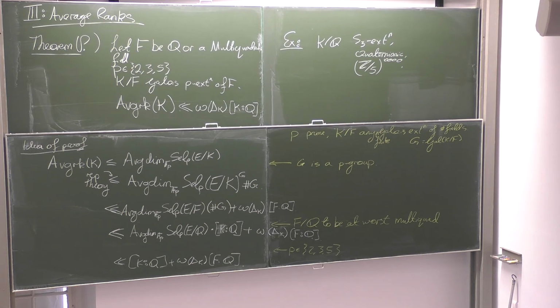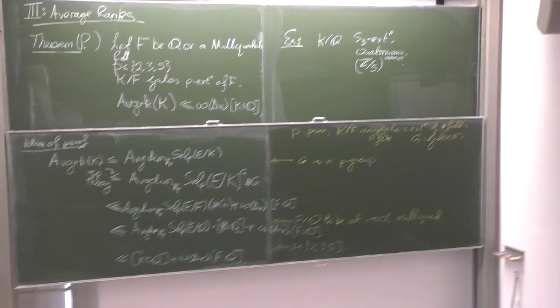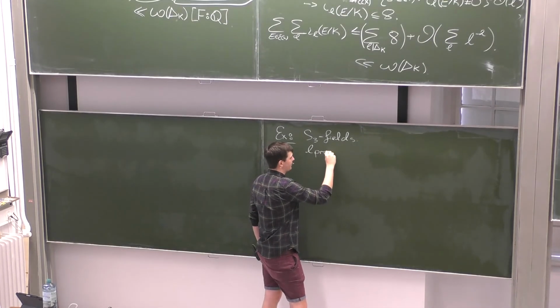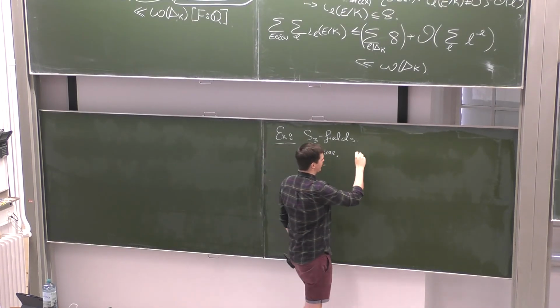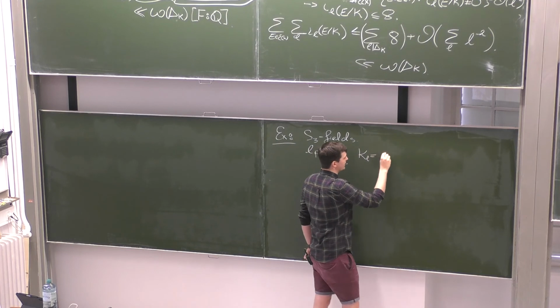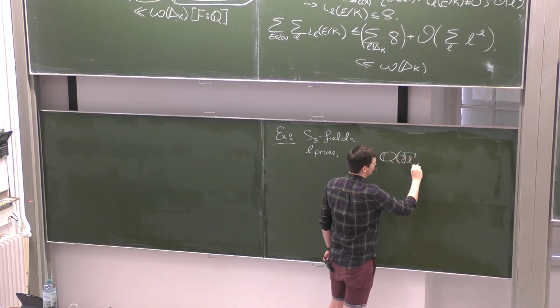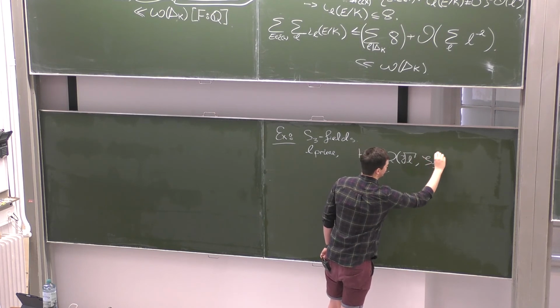let's look at some S3 number fields. So let's take a specific family of them. So for each prime number L, let's take K_L to be, you take the rational numbers, cube root of L, and then you take the Galois closure.